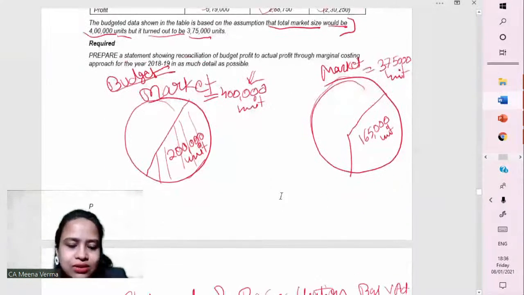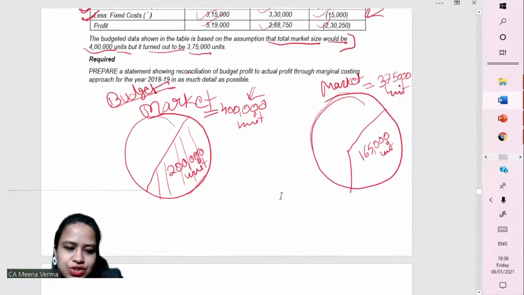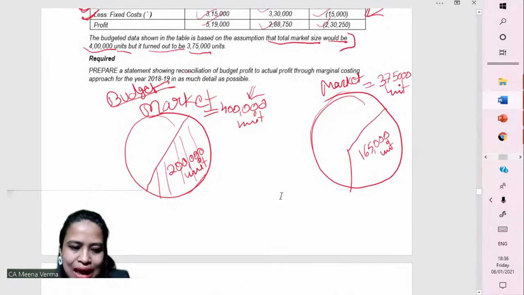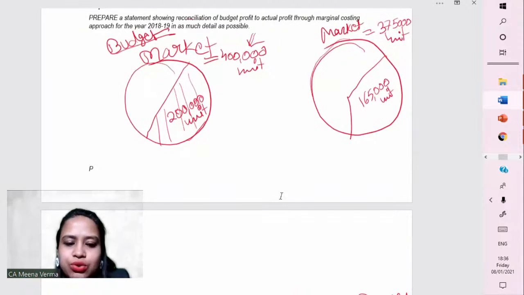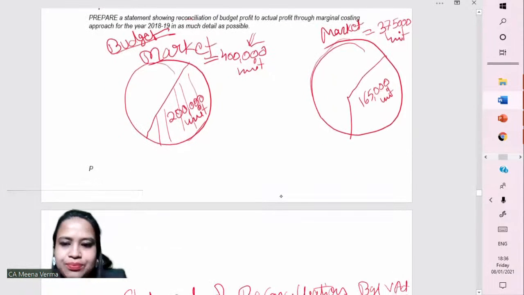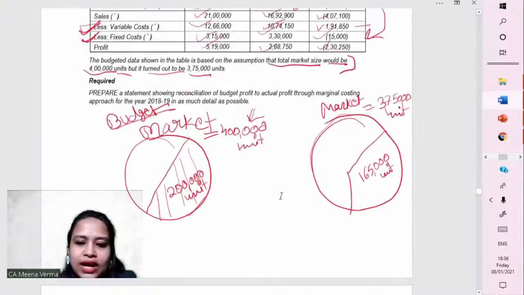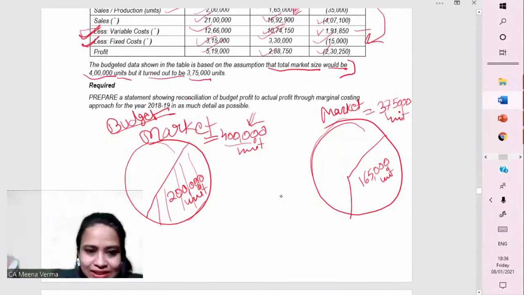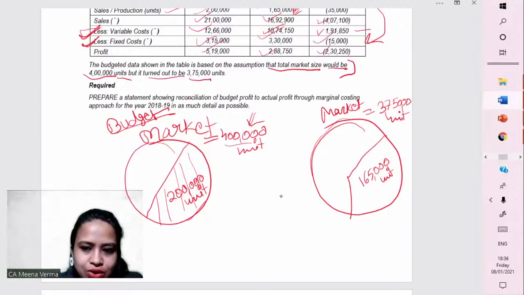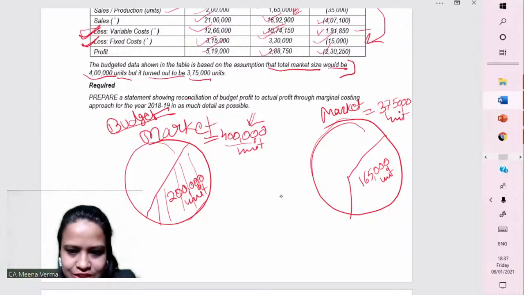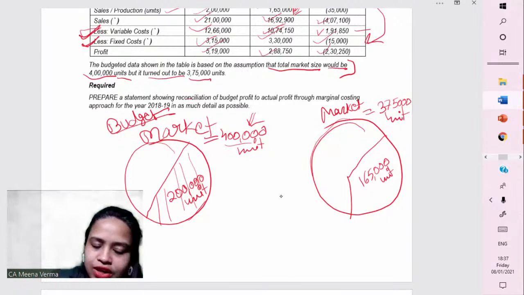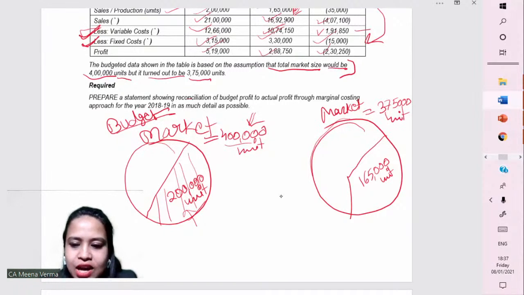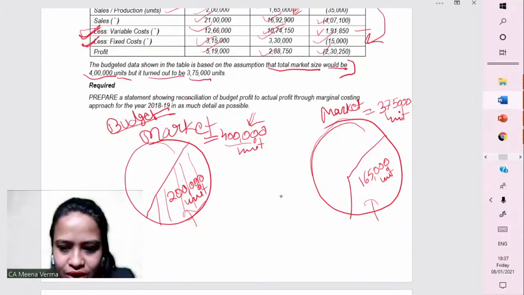Now you can see here that there are two kinds of changes. One is due to planning and another one is due to operation. Right? Planning, why? Because you have changed the entire industry market size: in the entire industry you could sell 4 lakh units, now it has changed to 3,75,000. But it was budgeted that Osaka can sell 2 lakh units in the market, while they are actually selling 1,65,000 units.